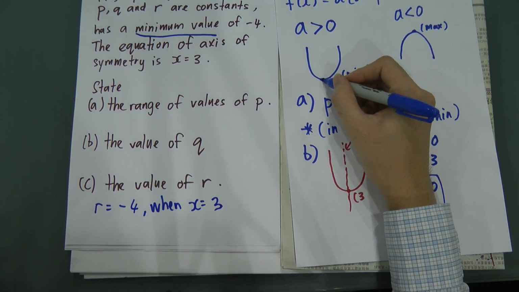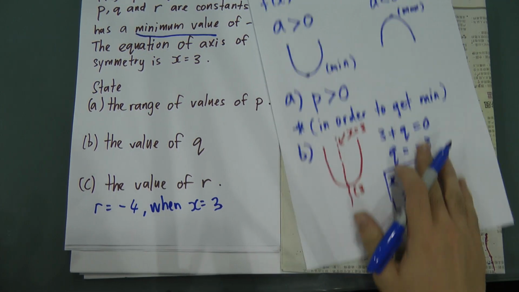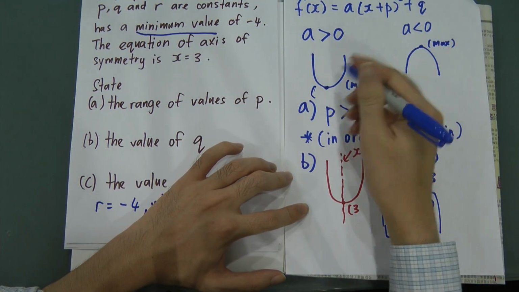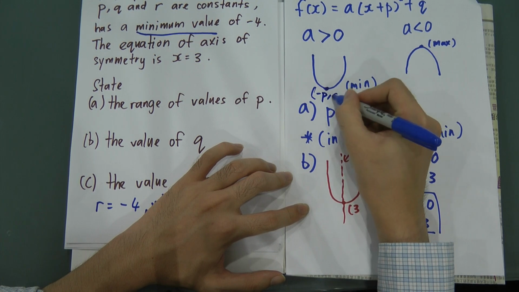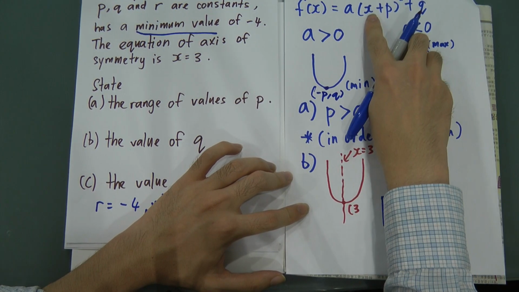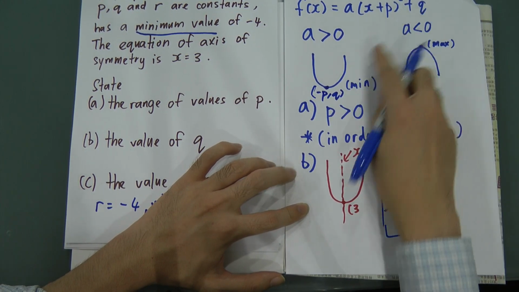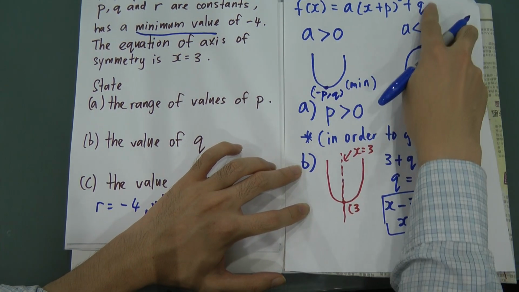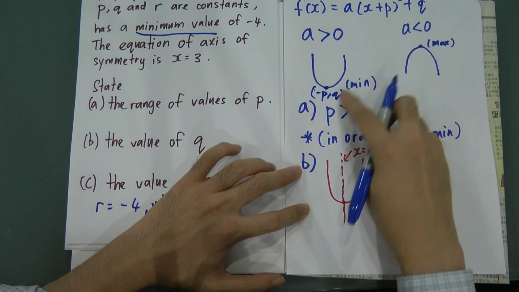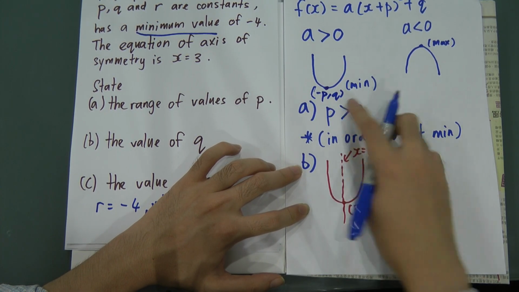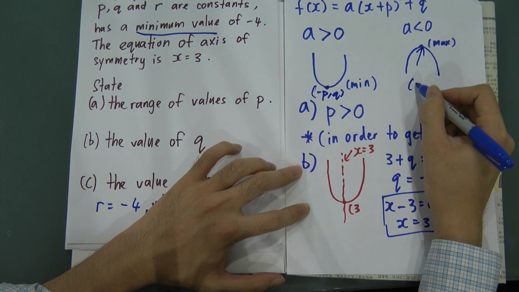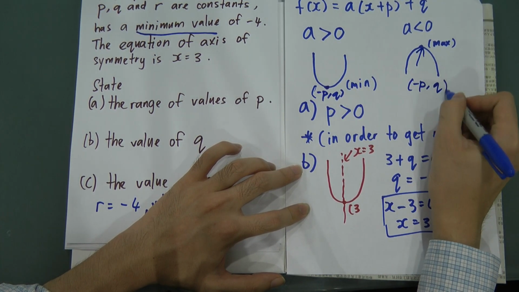The minimum or maximum for this equation is at (-p, q). You use x plus p equals 0 to get the x value of -p, and the q behind is the y value. The same thing for a maximum point: (-p, q).